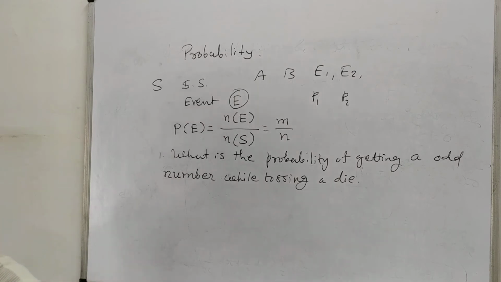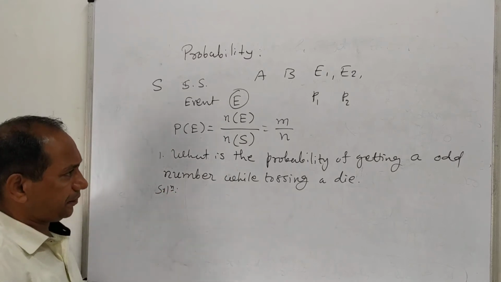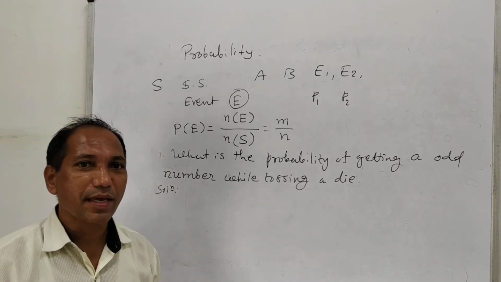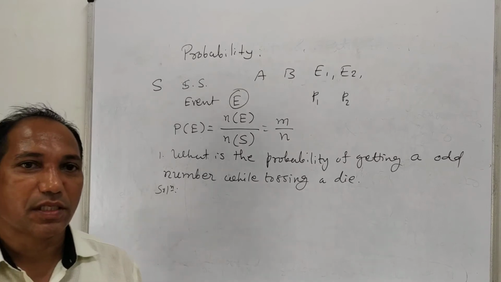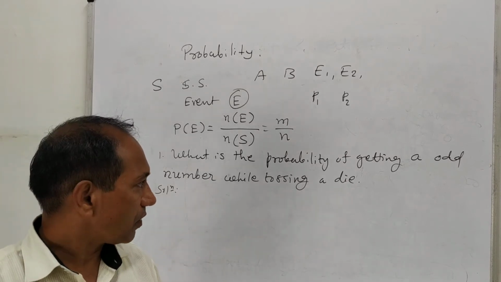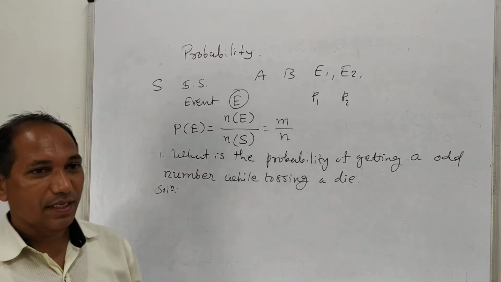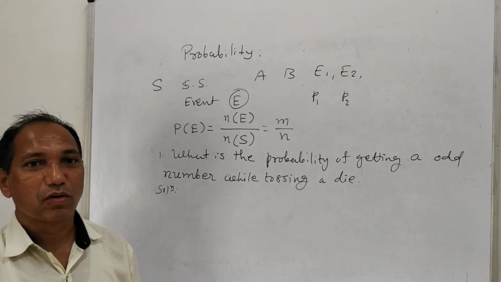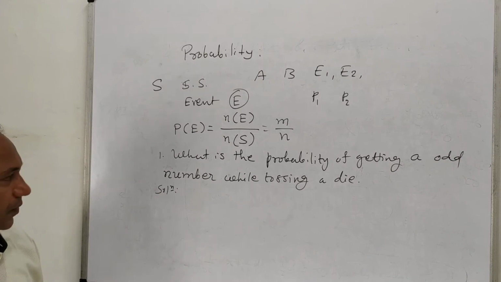This is a very simple problem. Here, in the solution, we want to toss a die, and we know that a die contains 6 numbers, 1, 2, 3, 4, 5 and 6, one on each face. There are 6 faces on a die. So when we toss a die, there are 6 possibilities: either to get 1 or 2 or 3 or 4 or 5 or 6.